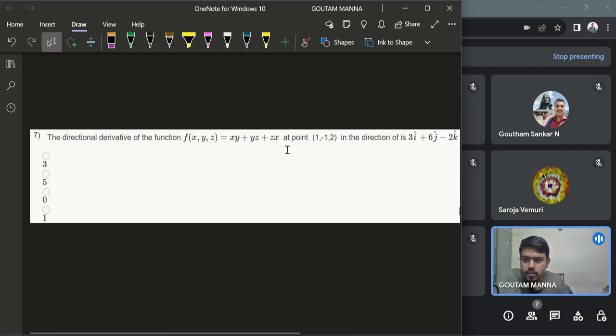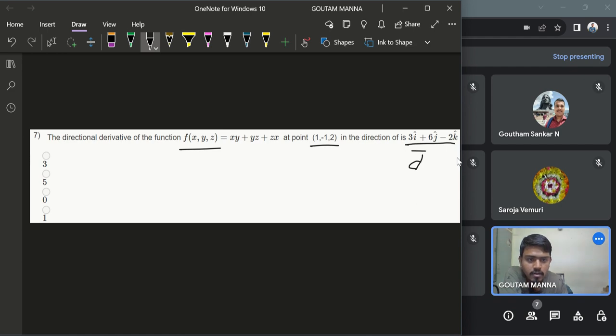In the next problem, we are asked to find the directional derivative of this function f of x, y, z, which is xy plus yz plus zx at point (1, minus 1, 2), in the direction of this vector. Let's call it the d vector.